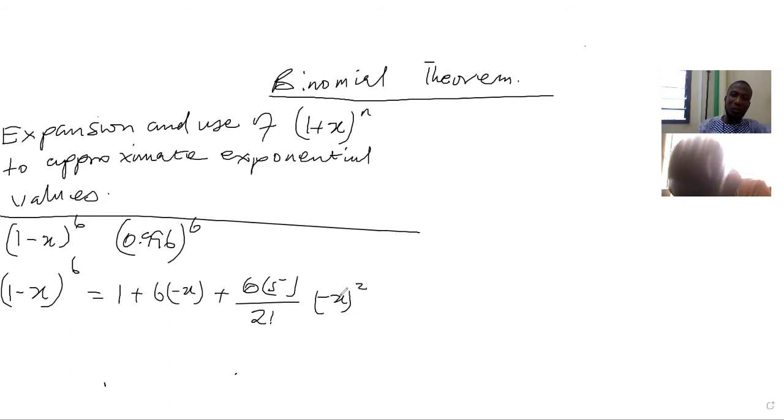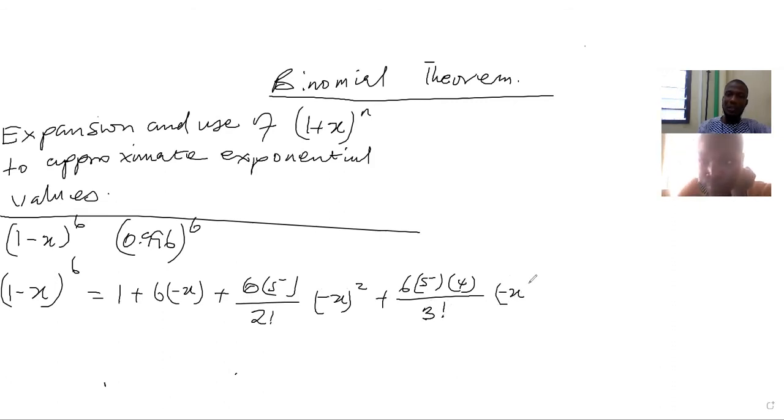It's up to the fourth term, so this is the third term. Then we go plus 6 times 5 times 4 over 3 factorial, then negative x cubed, right? Yes.